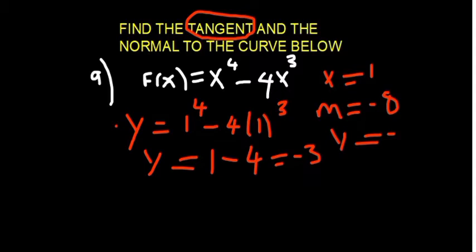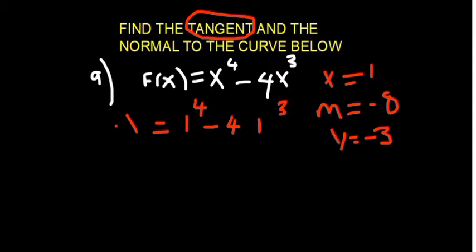Okay. So what do we do for us to find the equation now of the tangent? So I'm saying y is equal to -3. So now let's have some space here. Okay, so let's try to find the equation. How do we find the equation?